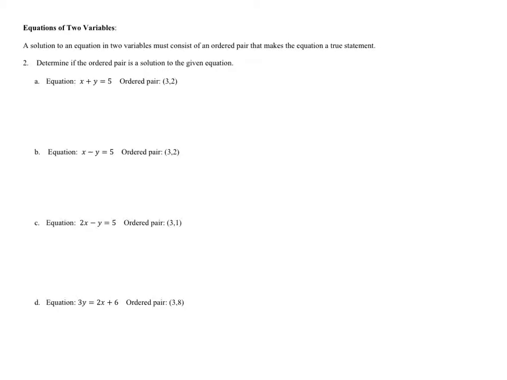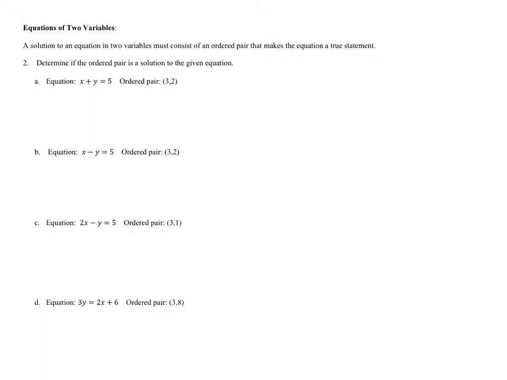All right, now we are going to look at equations of 2 variables. A solution to an equation in 2 variables must consist of an ordered pair that makes the equation a true statement. So for all of these, we're going to determine if the ordered pair is actually a solution to the given equation. In other words, it makes it true.